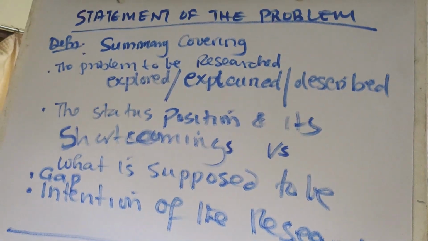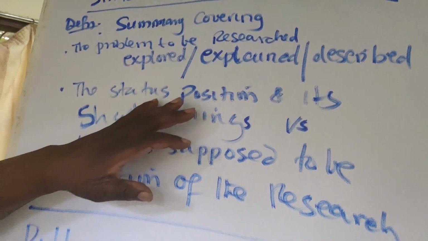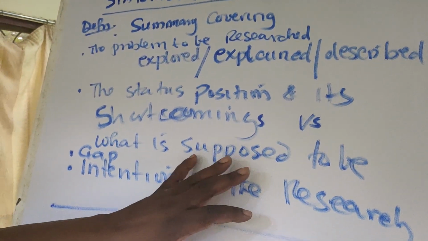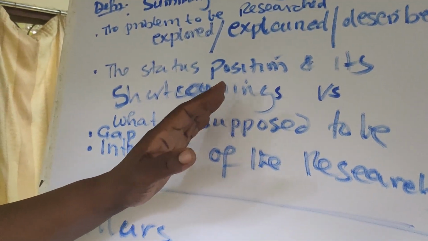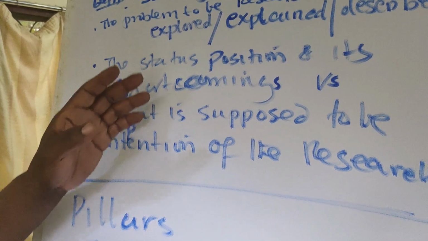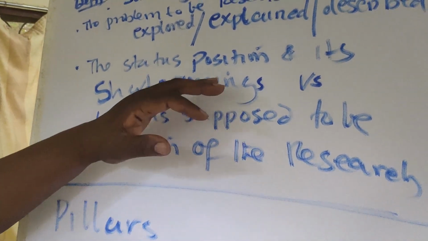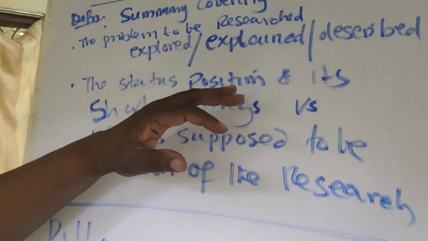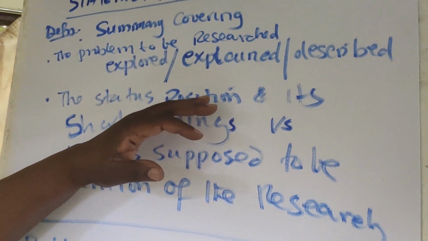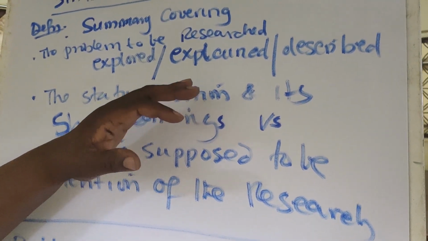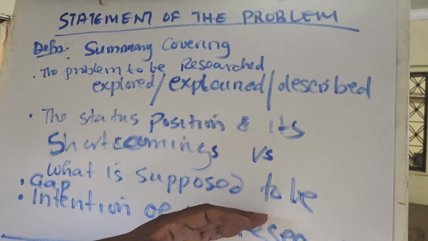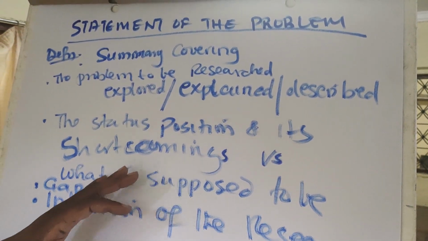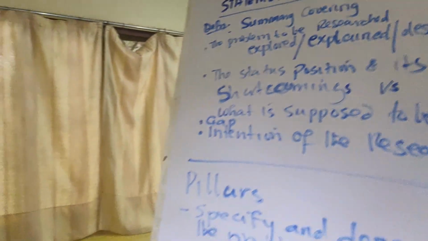describe the status. Now, when we say what is the position against what is supposed to be, then we say, basing on the information, the quotation I have here, that normally there are issues, there are problems of how the elderly are treated in health facilities in Tanzania. Okay? But that is against what?